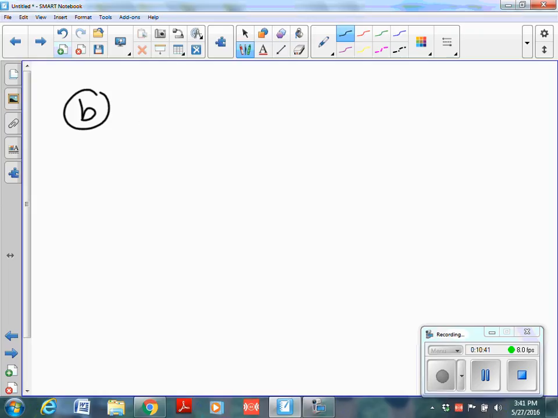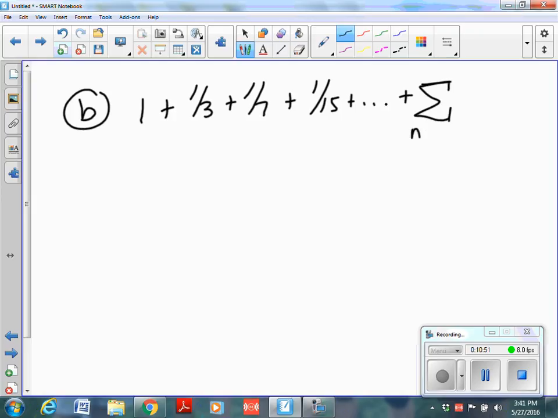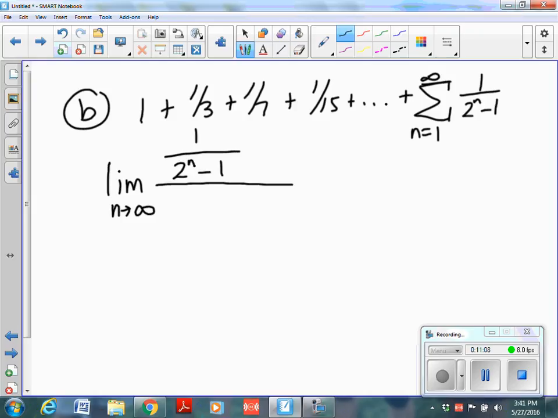I'm going to do 1 plus 1/3 plus 1/7 plus 1/15 plus dot dot dot, here's my series, the sum from n equals 1 to infinity of 1 over 2 to the n minus 1. So I'm going to find the limit as n approaches infinity, and I'm going to put my original one on the top, and my more basic one on the bottom.